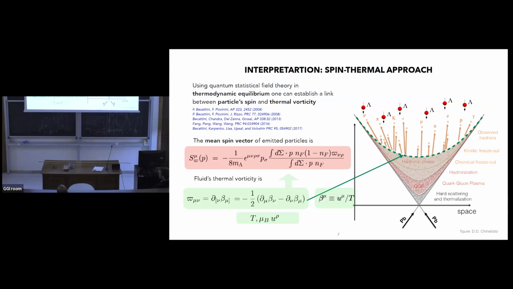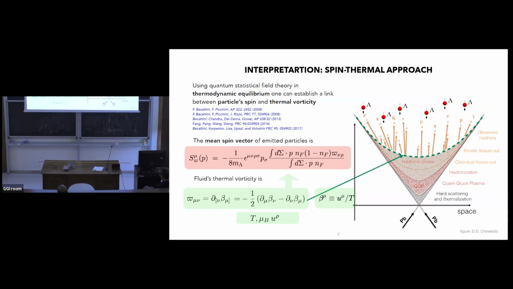Okay, so it was found that the mean spin vector for the emitted particles is given through the following expression. You have the integral over the hypersurface with the equilibrium distribution functions for fermions.